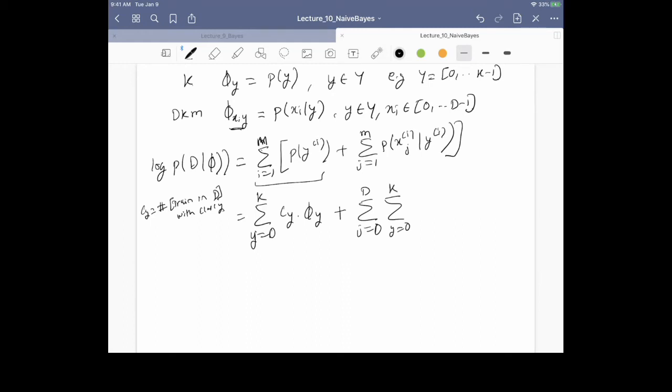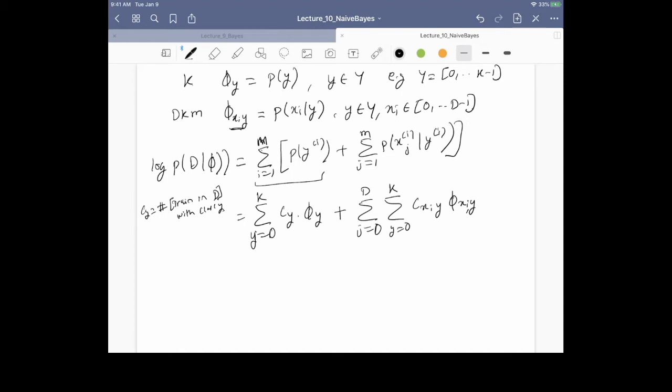So this is a d cross k sum, and this is the count of x_i comma y multiplied by phi of x_i comma y. Again, the same intuition carries over here. If this does not make sense, let me know, but we'll go over an example quickly in the next slide in a little more detail. So this is actually the likelihood, and this is what we want to maximize.